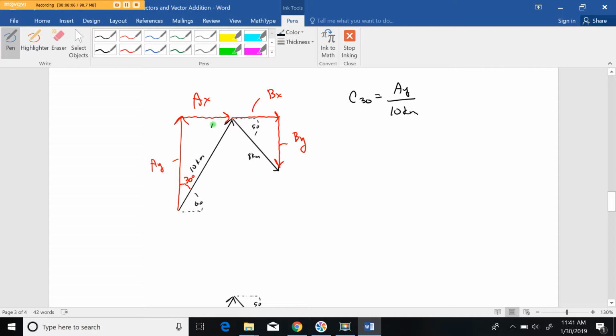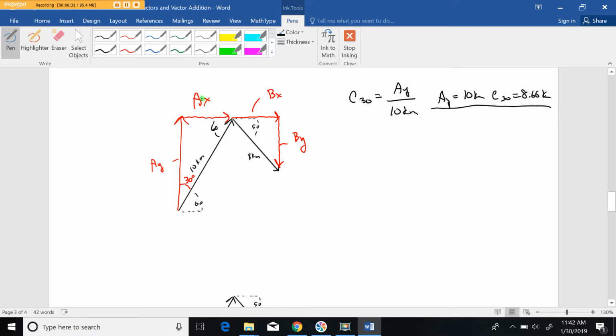This angle right here would be 60 degrees, and AY is opposite the 60-degree angle. We could use the sine function to find it, but there's no need to. It's pretty easy to calculate AY from this. AY is going to be 10 kilometers times the cosine of 30 degrees, which is 8.66 kilometers. This is a number we're going to need for later.